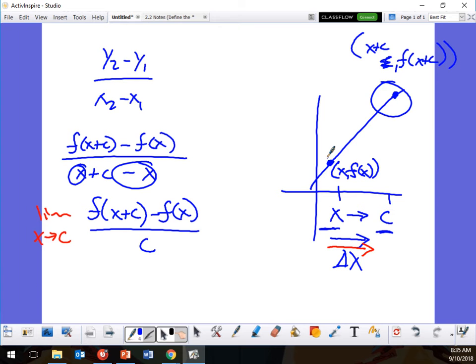So I have to get this delta x to be 0. So the limit from this to this, so it's x plus 0, right? So as c goes to 0, because over here I have x plus c, right?